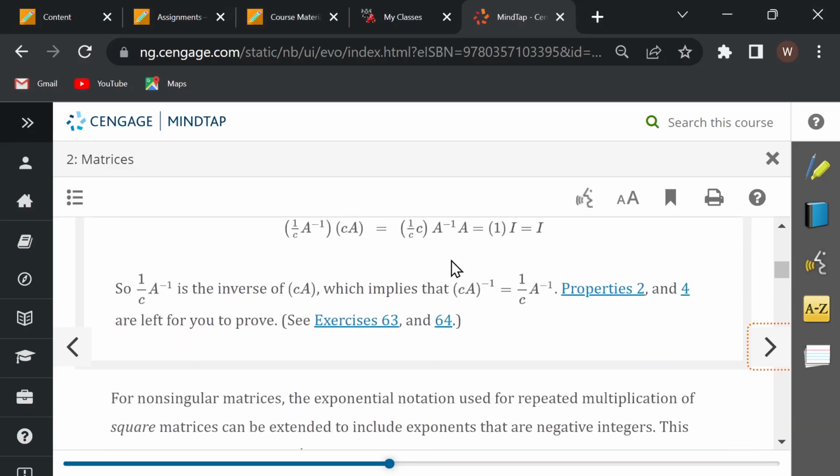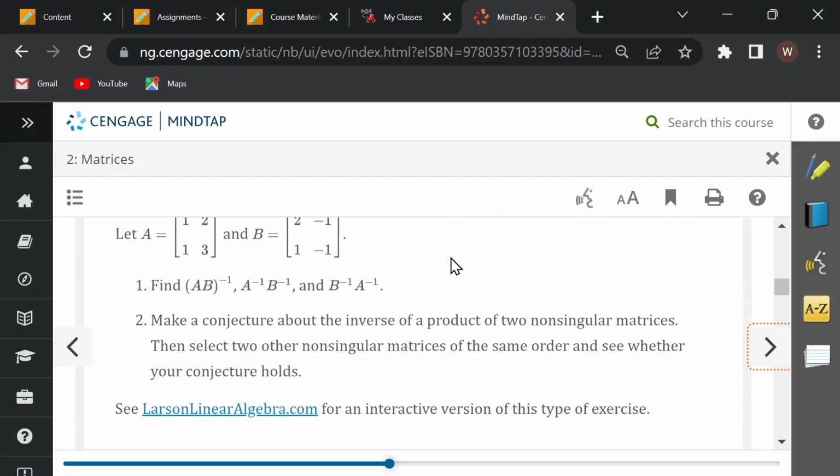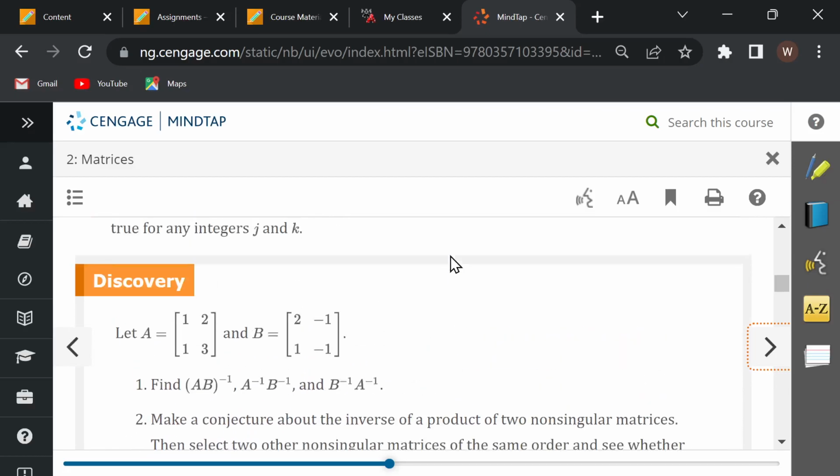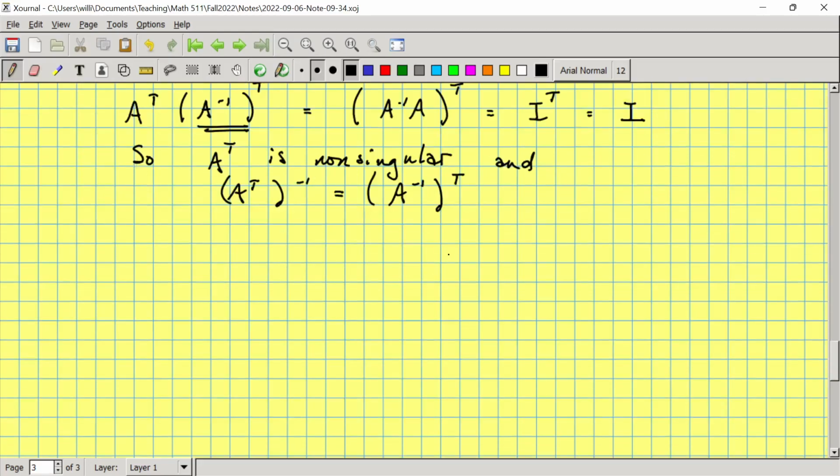Now it goes about proving it, which we already discovered. And because of what we discovered before, does it make sense that the inverse of a product reverses the inverses? And how would we prove that? Let's be more formal this time.